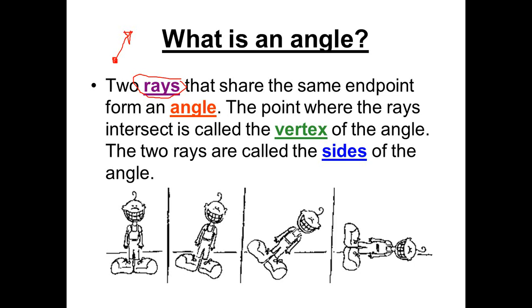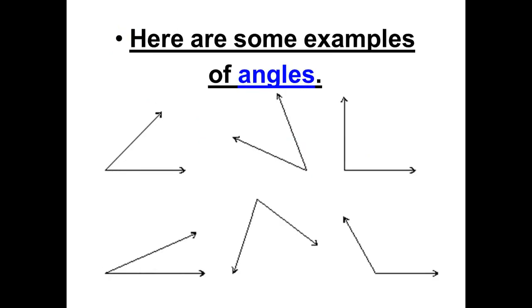And the point where the rays intersect is called the vertex of the angle. The two rays are called the sides of the angle. Let's explain this shortly. Here is some examples of angles. So here is the ray, and here's the other ray.